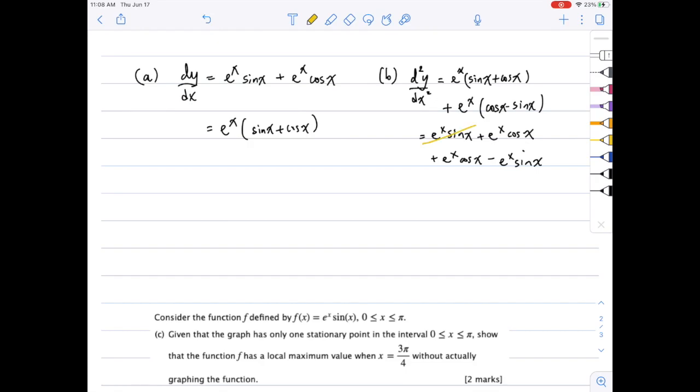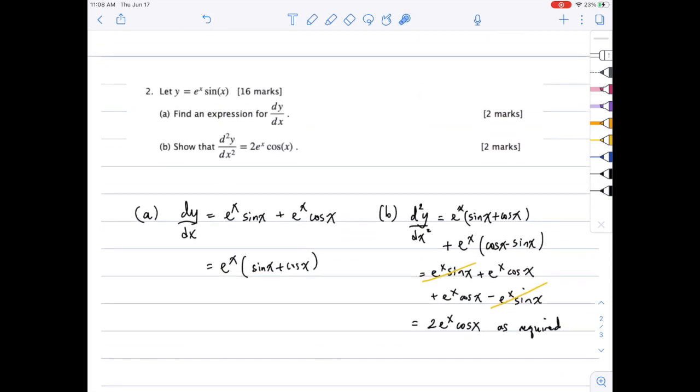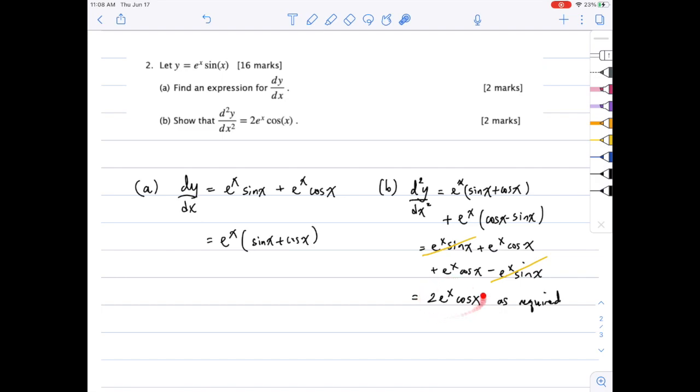E to the x times sine x cancels with this, and what you're left with are actually two of the same terms. So you can group those together, and you'll get 2 e to the x cosine x, as required. The question's asking for us to show that the second derivative was equal to this. So if we go back up, the answers match up.